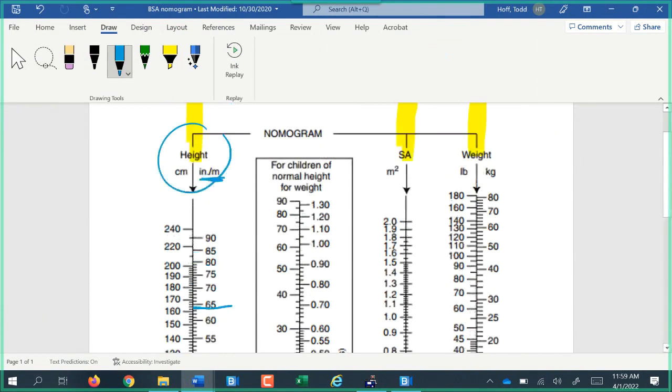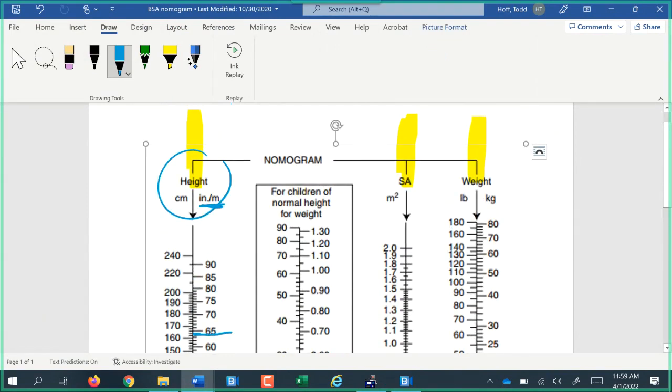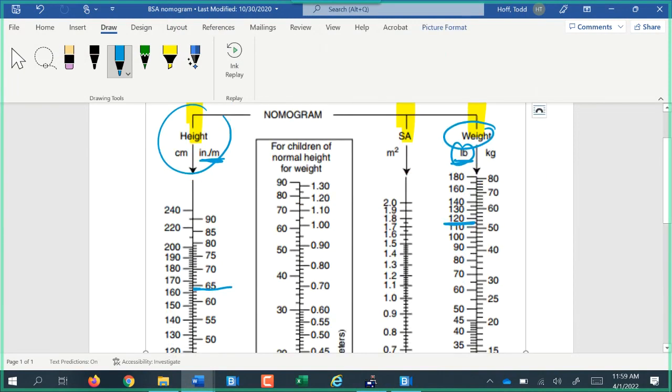For weight, we have 115 pounds. So here's our weight. Pounds is on this side, so we have to find 115. There's 110, 120, 115 is going to be right in there. So then what we do is we need to connect those with a line, or if this is a paper chart, if you're using your book, just put the edge of a piece of paper across there. I'm going to actually use a line.